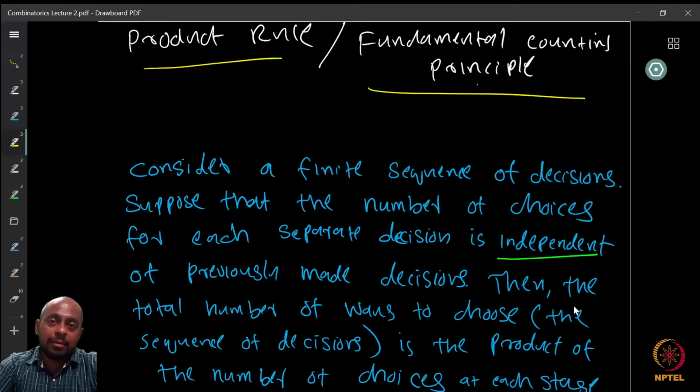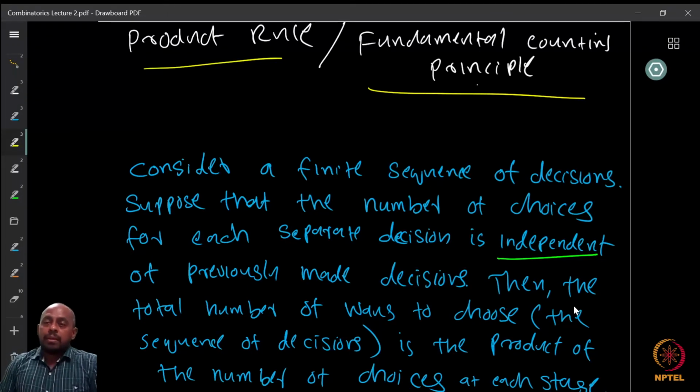Okay. So the decisions are made in some sequence, and I make the first decision, then second decision. And when I take the third decision, I want to make sure that all the previous decisions do not affect the choices here, right? So the choices are independent of the previous decisions. Then the total number of ways to choose the sequence of decisions is the product of the number of choices at each stage.